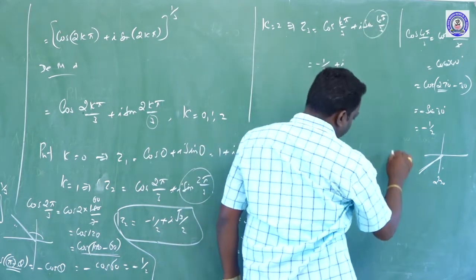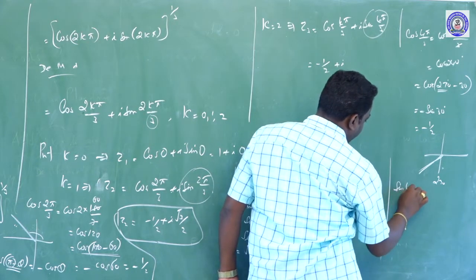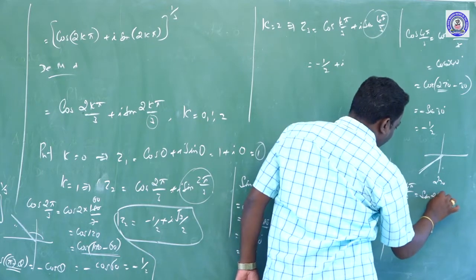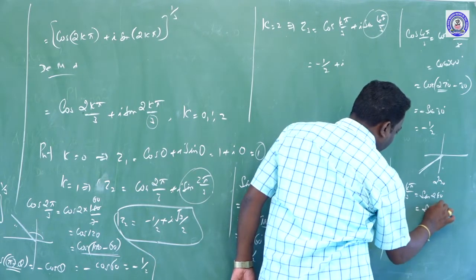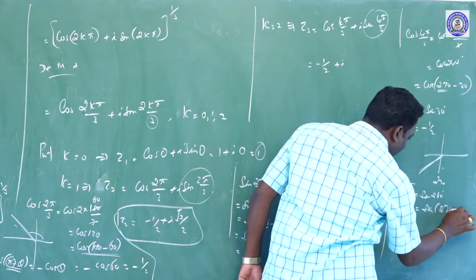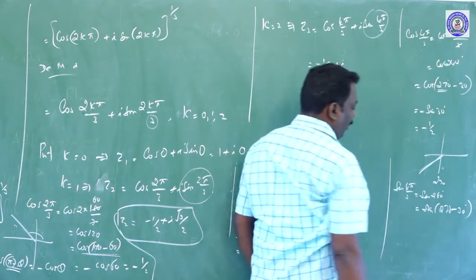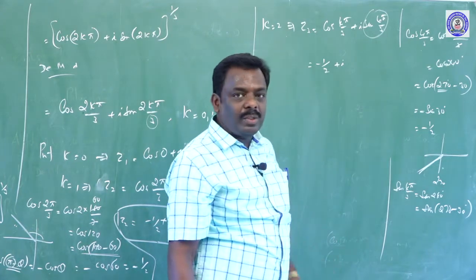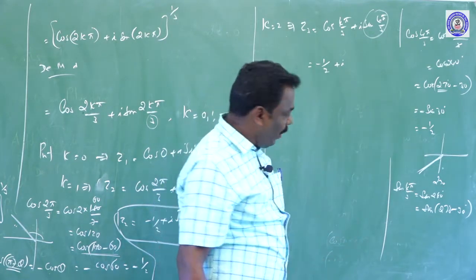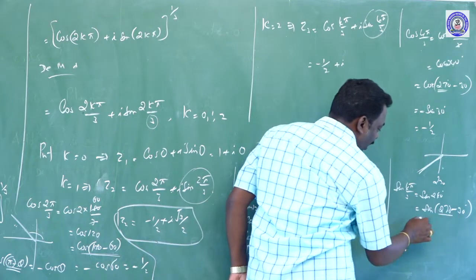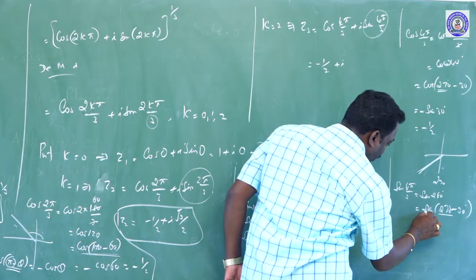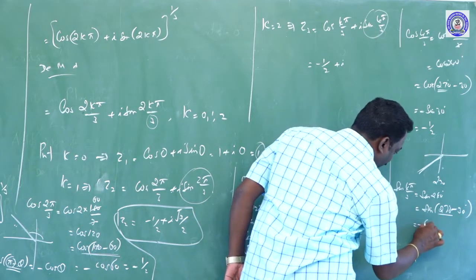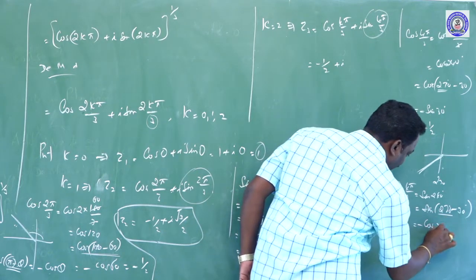Similarly, sin of 4 pi by 3 is equal to sin 240 degree, that is equal to sin of 270 minus 30 degree. Again theta lies in the third quadrant, so sine is negative, and it is a complementary angle, so sine becomes cos.